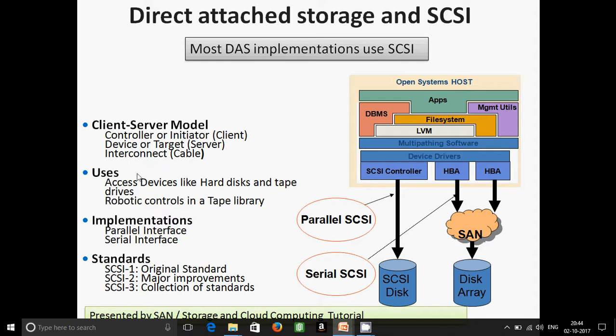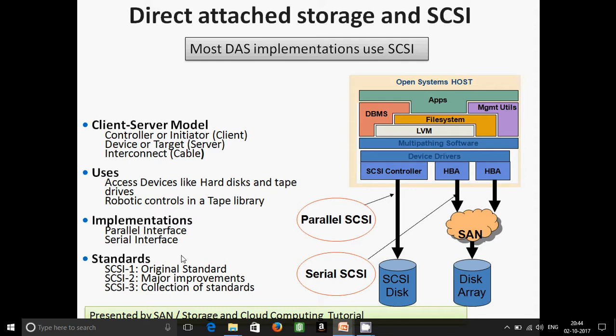Alright, what were the uses? Access to devices like hard disks and tape drives, robotic controls in tape libraries, with parallel interface and serial interface implementations. And what was the standard of SCSI? Basically SCSI-1, SCSI-2 and SCSI-3 were the standards. SCSI-1 was known as the original standard, and SCSI-2 had major improvements.